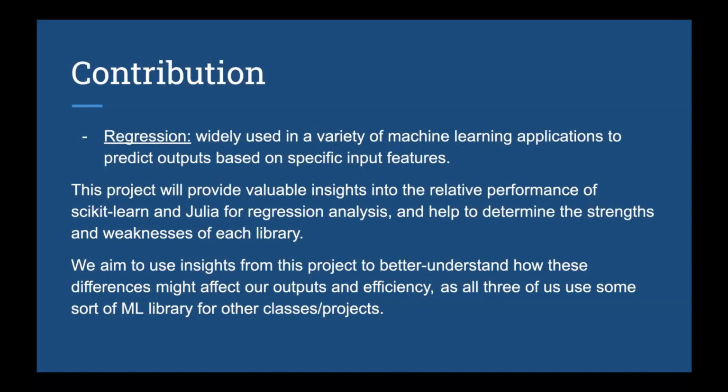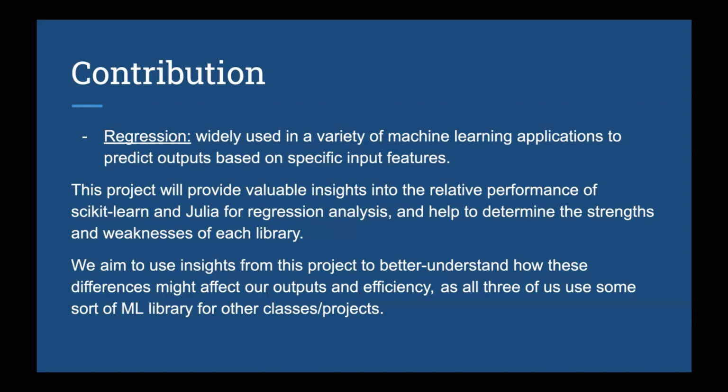We wanted to do this because regression is widely used in a variety of machine learning applications. And this project could provide valuable insight into the pros and cons of both scikit-learn as well as Julia's linear algebra libraries. We wanted to look into the relative performances of each, and maybe that would help someone choose which one is better for what they want.